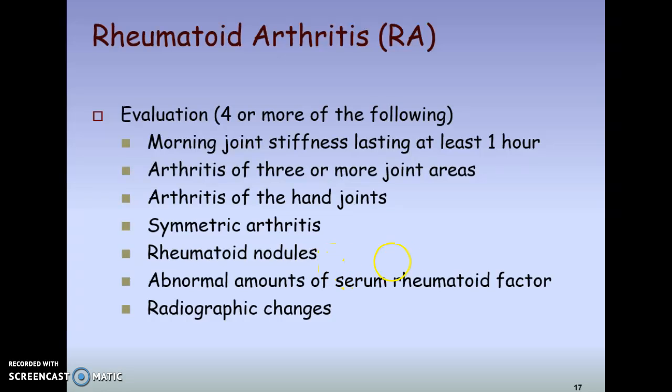They don't necessarily have to be in the joints, but they can be on the back even. They're going to be places where you wouldn't typically think about joint disease. Then abnormal amounts of serum rheumatoid factor, those autoantibodies, and then radiographic changes that you would see in the joints.